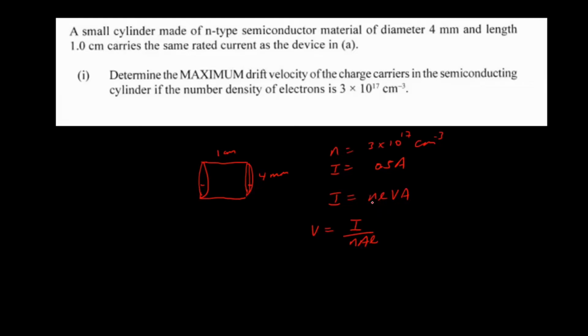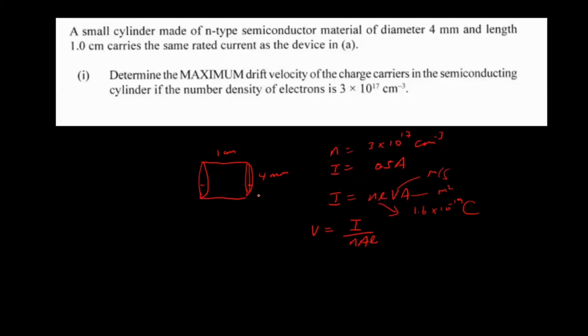Now that we have transposed the equation, we can quickly talk about each of these variables. n is the charge density, or the number density of electrons, same thing as the charge density. e is the charge of an electron, which is 1.6 times 10 to the negative 19 coulombs. v is going to be in meters per second, that's the velocity, and A here speaks to the area of the wire, so that's going to be in meters squared.